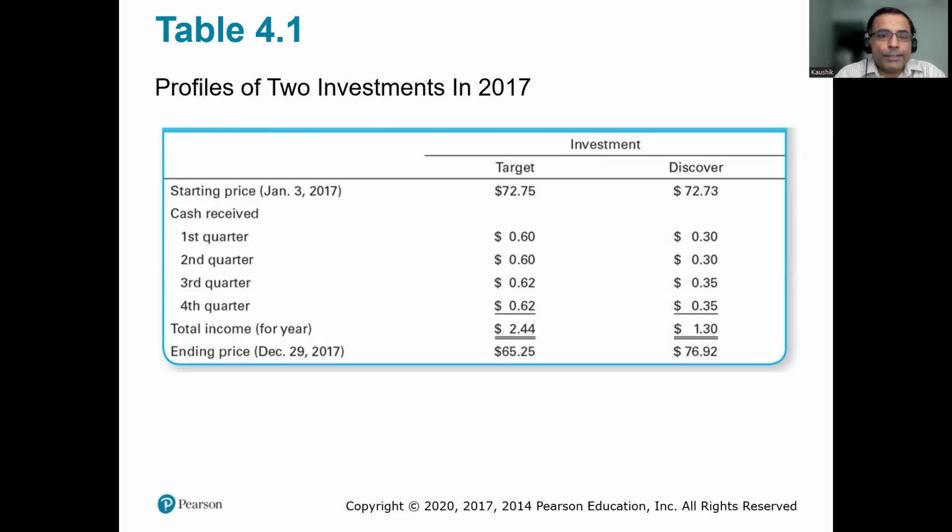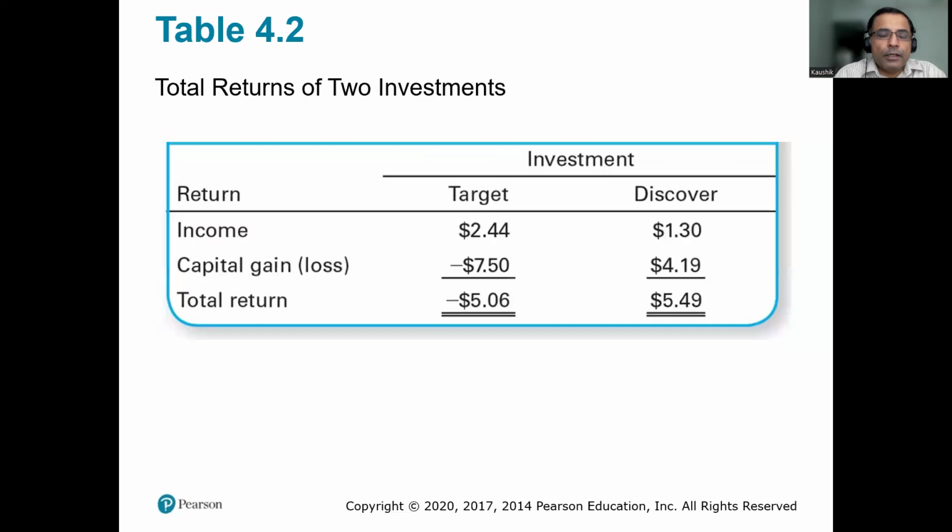So what we notice is both stocks have provided dividend, and that is part of the income. Target has capital loss because the share price has declined at the end of the year, whereas Discover has capital gain because the share price has increased at the end of the year. So the sum total of income and capital gain or loss is the total return from each stock.